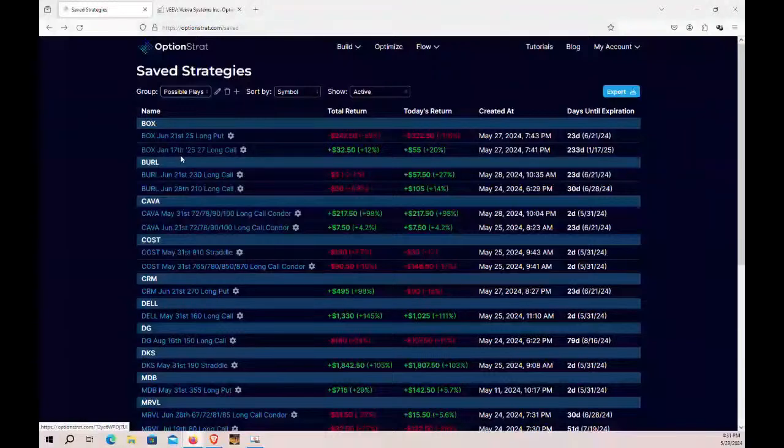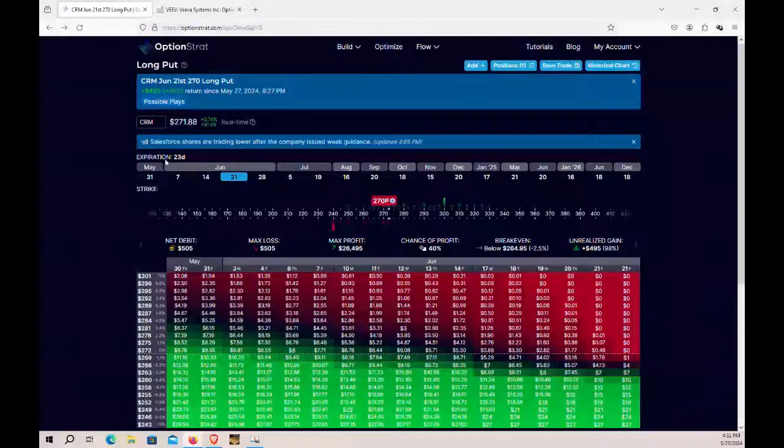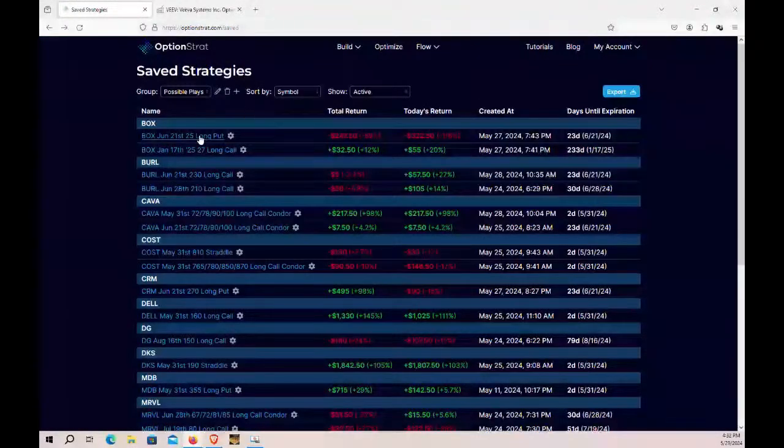I tried a strangle in the same price range, with the $270 call and the $90.25 put, which yesterday it was kind of okay, but then today it flips.